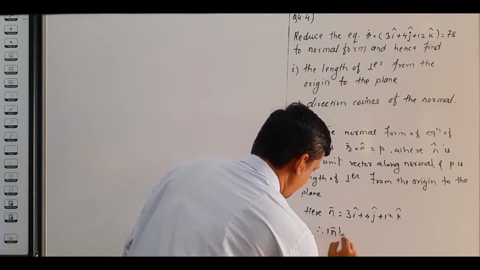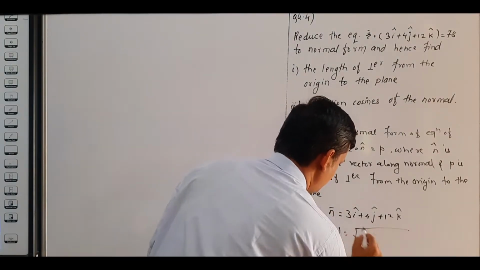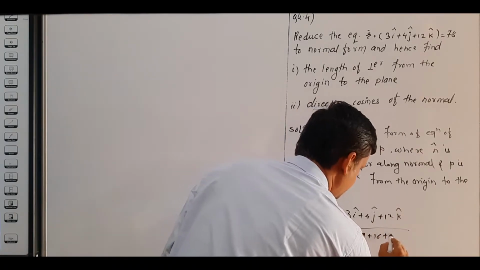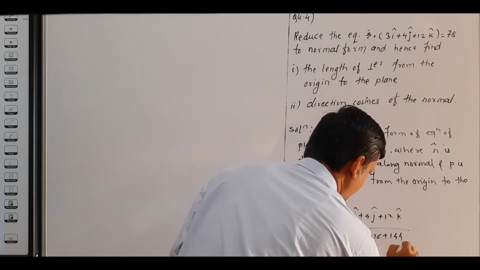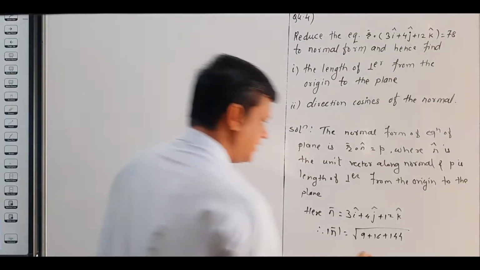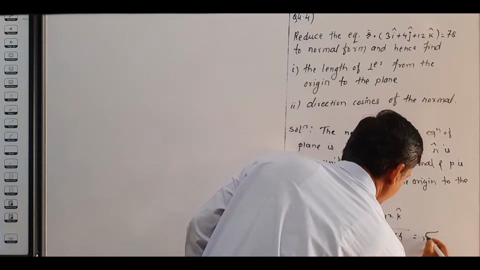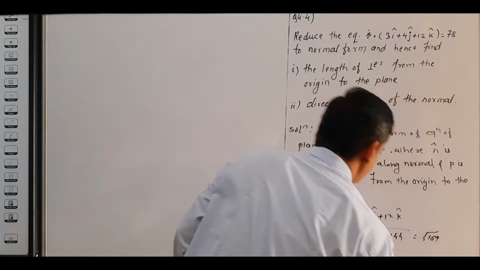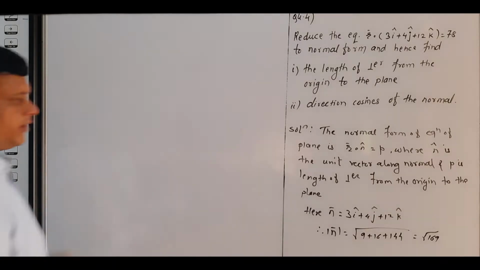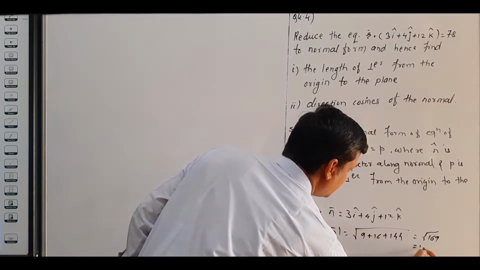Therefore magnitude of n bar is equal to, so 3 square is 9, 4 square is 16, 12 square is 144. So we write this as square root of 169. Now square root of 169, if we calculate, we get value equals to 13.